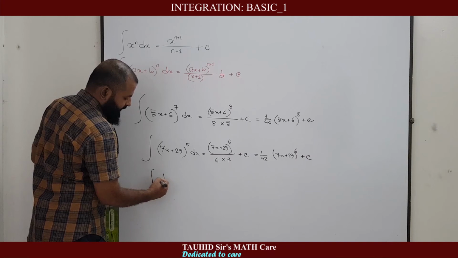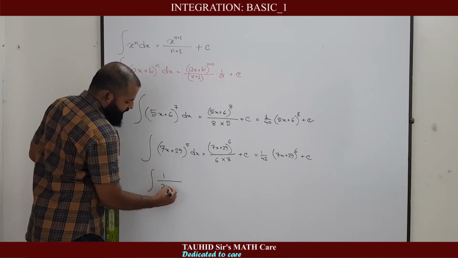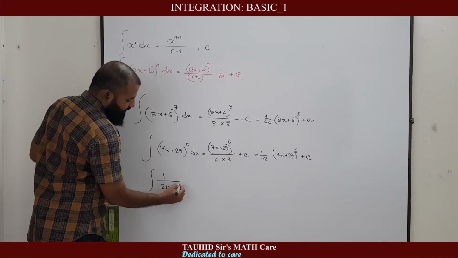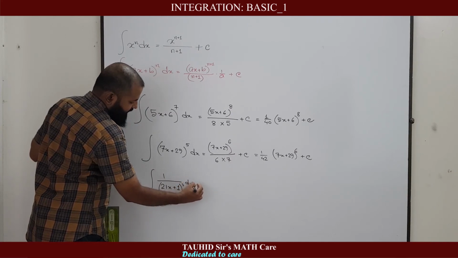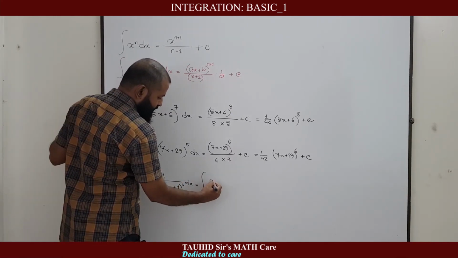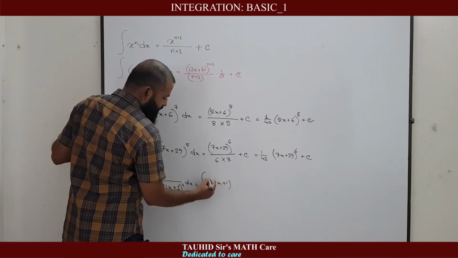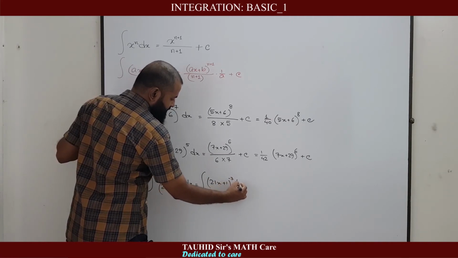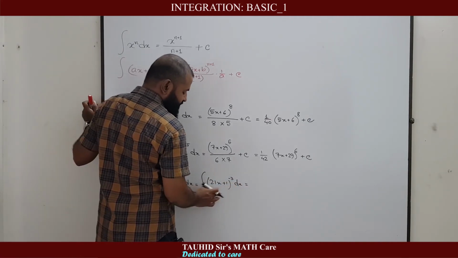Integration of 1 divided by (21x plus 1) whole cube dx equal to integration of (21x plus 1) to the power minus 3 dx equal to x to the power minus 3.